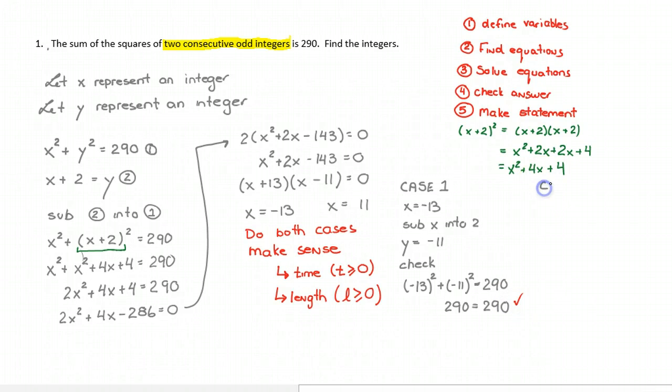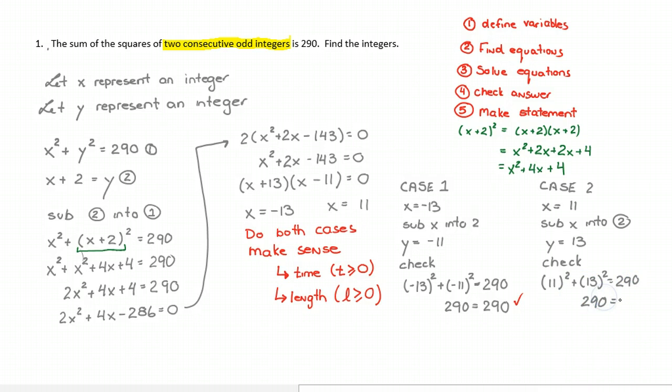So now we're going to look at case 2. So if x is equal to 11, we're going to sub x into 2. So we see that y ends up being 13. So therefore, we'll do a check. So we end up with 11 squared plus 13 squared equals 290.